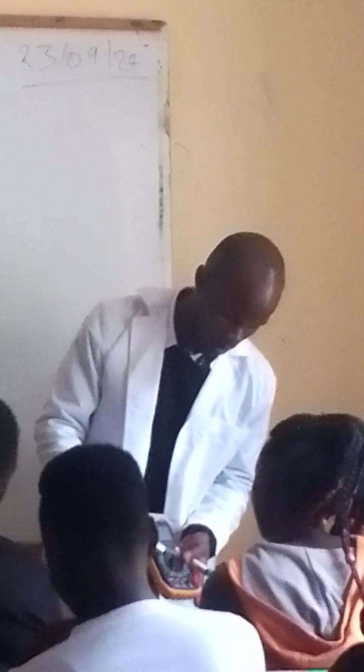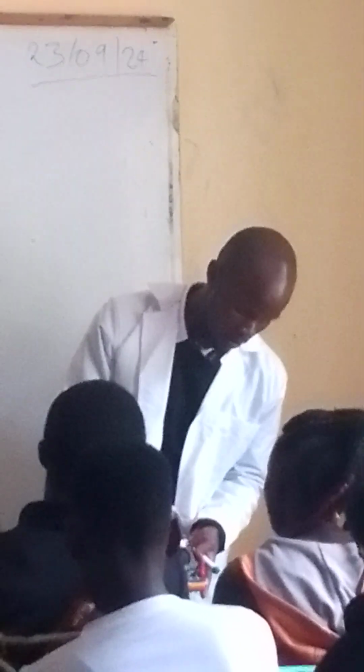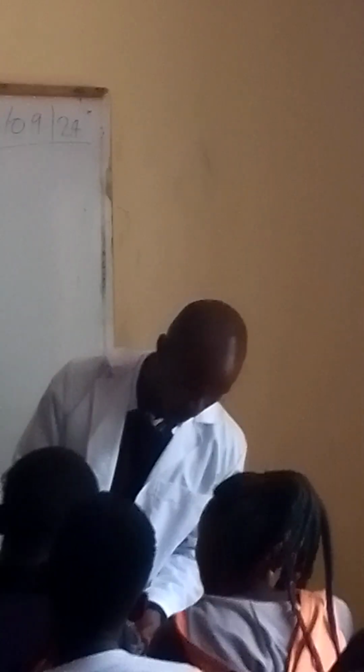Those letters mean something. If you can identify, then you are okay. What can you identify here? A digital multimeter. If you want to be a good ICT technician, you need to buy yourself one.